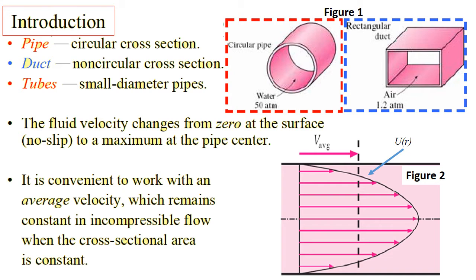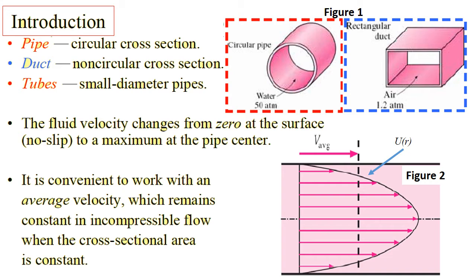In the fundamentals of fluid mechanics, the fluid velocity changes from 0 at the surface, no slip, to a maximum at the pipe center. As you can see on your right hand side, figure number 2, we have V average, which is the average velocity.